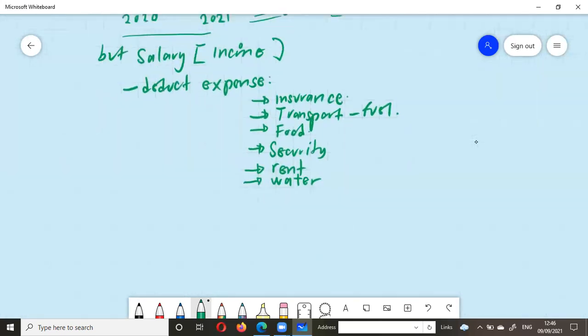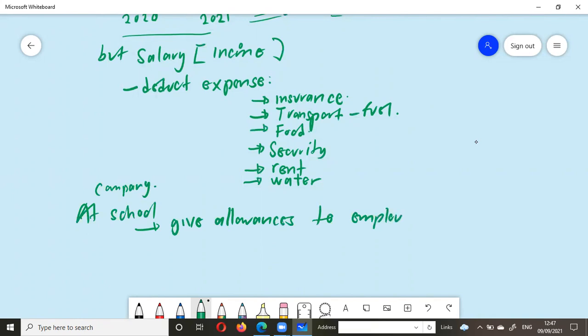But let us say the company is a school. That means this school will cater for some of these expenses. It will give what you call allowances to its employees. It may give insurance, transport, food, security, rent, and all those.